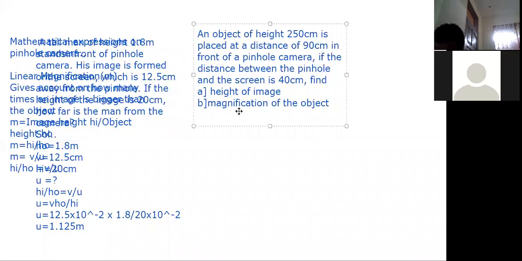So for the height of the image, I had 5.625. No, check it again. What do you get for the magnification? Okay, check the distance again. Check the height again.